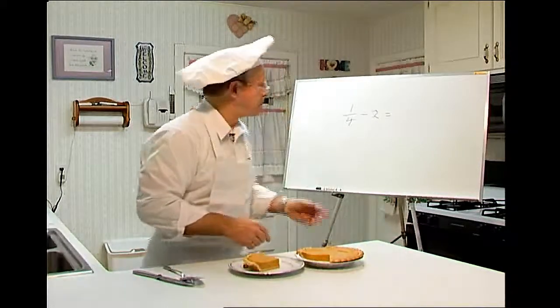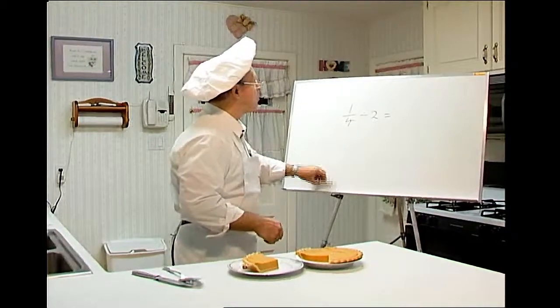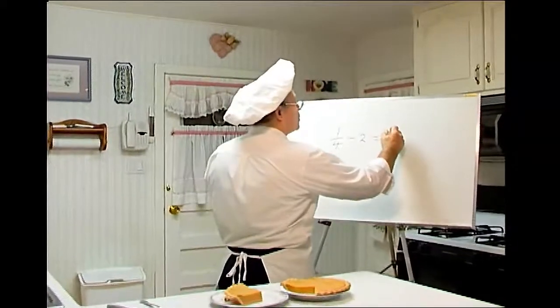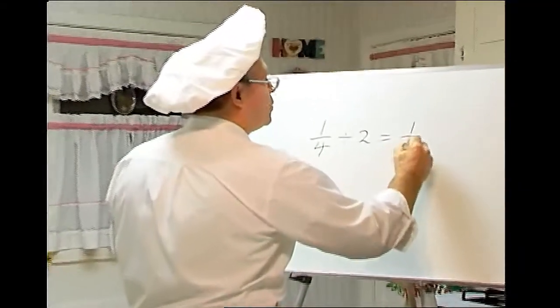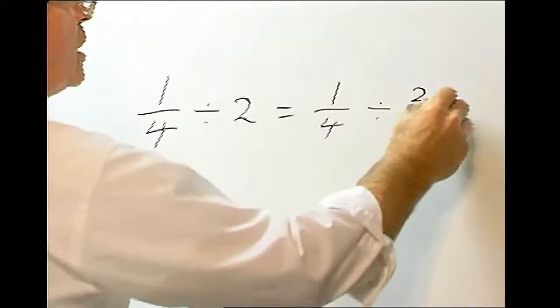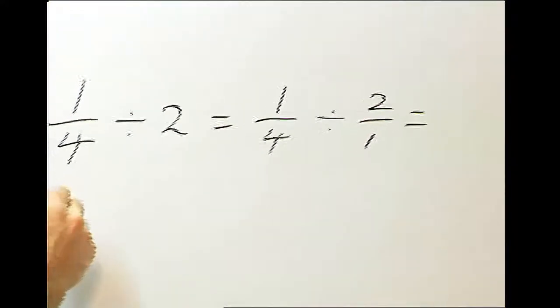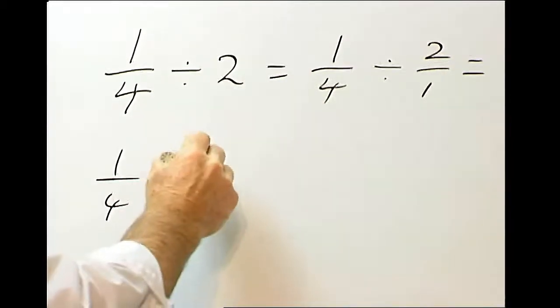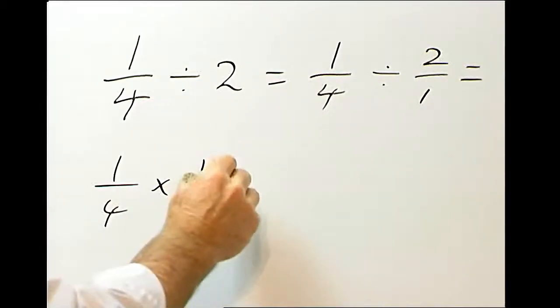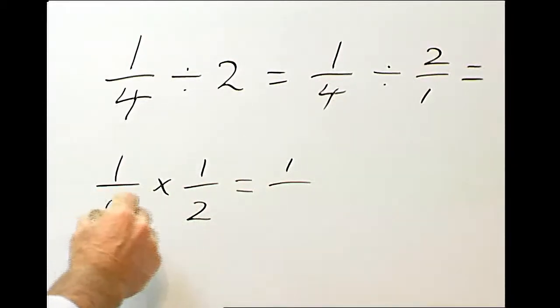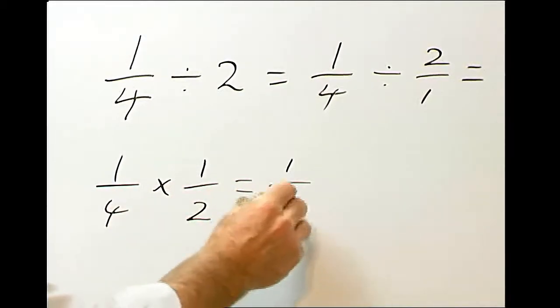But let's do this mathematically. 1/4 divided by 2 equals 1/4 divided by 2 over 1 equals, come down over here, 1/4 times invert the last fraction, 1/2, equals 1 times 1 is 1, 4 times 2 is 8.